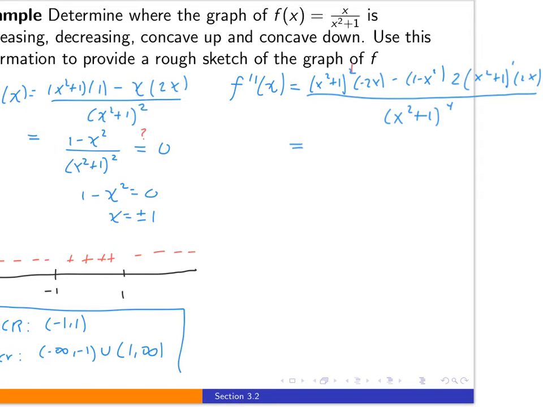So that new power in the top is going to be 1. The x squared plus 1 in the second term is going to go away, and the new power in the bottom will be 3. So in the top we will have minus 2x times x squared plus 1. And if we look at the terms remaining, we have minus 2x. So that's going to be minus 4x.